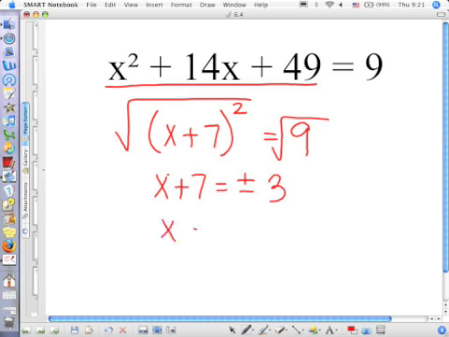Then I subtract 7. And if I can put those numbers together because they're alike, then I do it. So what are your possible x's here? Blake, go ahead. Yeah, x equals negative 4 and negative 10. Negative 4 and negative 10. Very good.